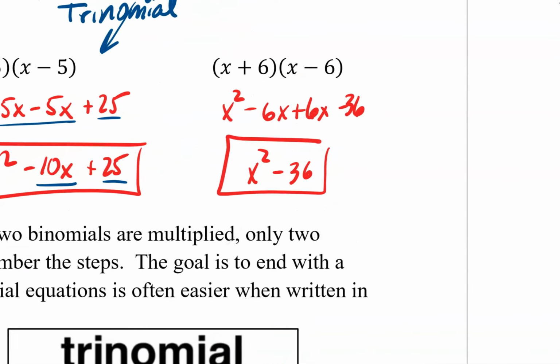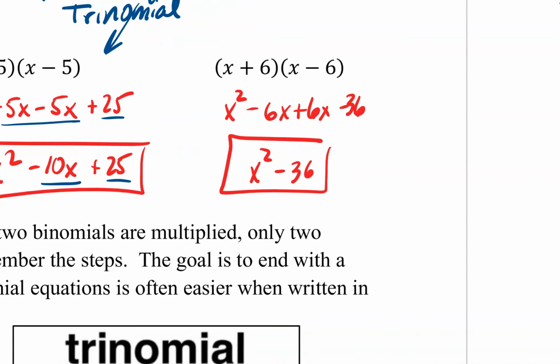This one at the end is interesting as well because we used the same number 6 in both cases, but we had an x plus 6 group and an x minus 6 group. So they're not quite exactly the same, but the end result is interesting too, because in the outside product and the inside product we ended up getting 2 different 6x's, but one was positive and one was negative, and they effectively canceled each other out.